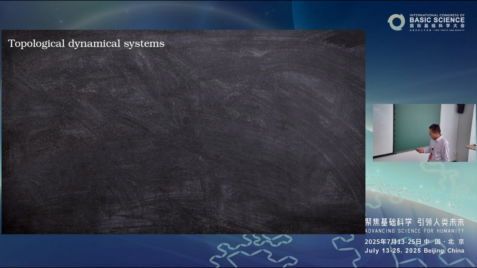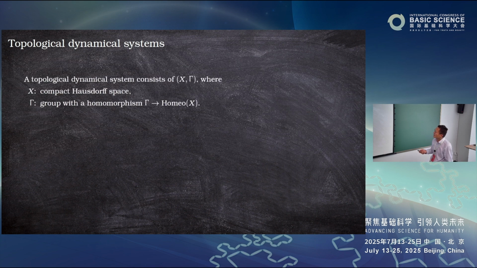So now let's turn to the topological dynamical system. A topological dynamical system consists of a topological space, and we are looking at a compact Hausdorff space, because we want to look at the unit of the C-star algebra.